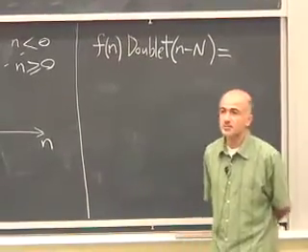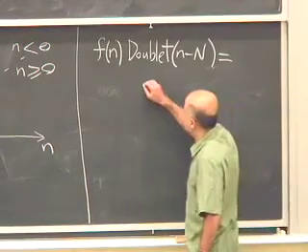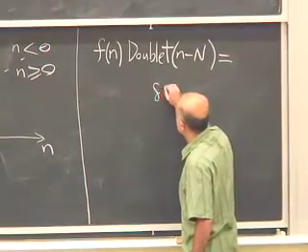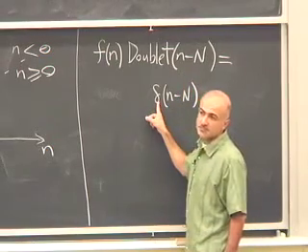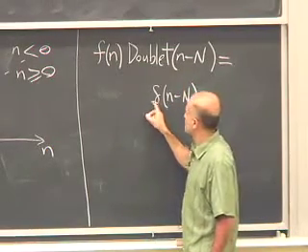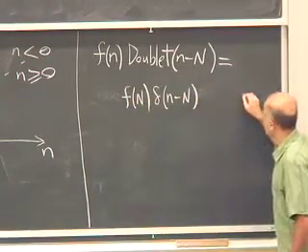Okay, how many impulses do I have? Where? At n, and what's it scaled by? F of n. And then what else?